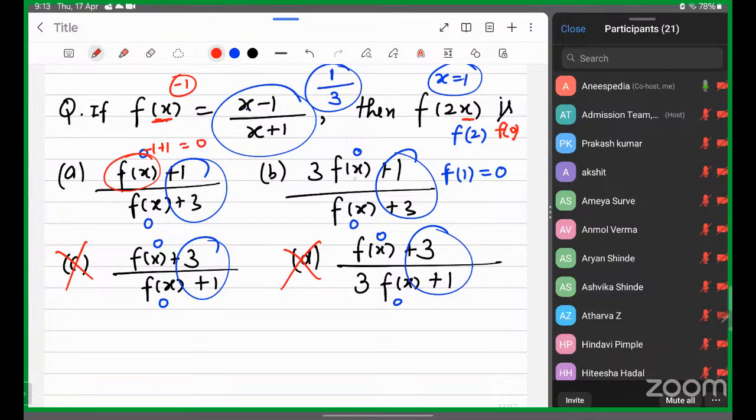In this case, if you take 0, this will be minus 1. So 3 into minus 1, minus 2 plus 1 upon minus 1 plus 3. This will be how much? Minus 1. This will be 2. And in this case, I will get 0.